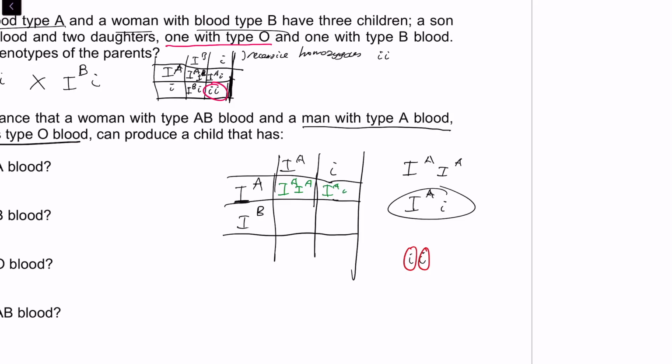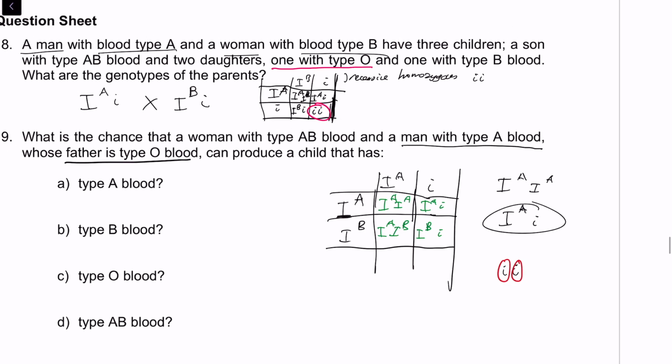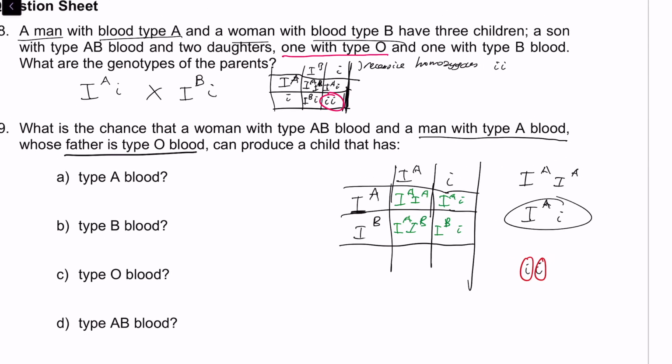So I'm just going to be doing that. Okay, and from here on, this is just simple maths now. We have 4 combinations, and we're trying to figure out which ones have type A blood. Well, that's going to be this one and this one, the first two on that first row right here.